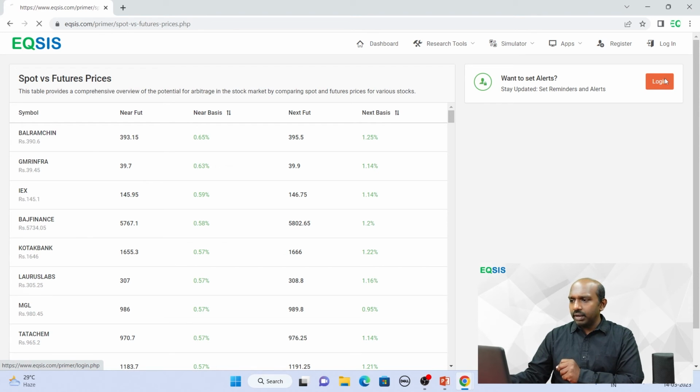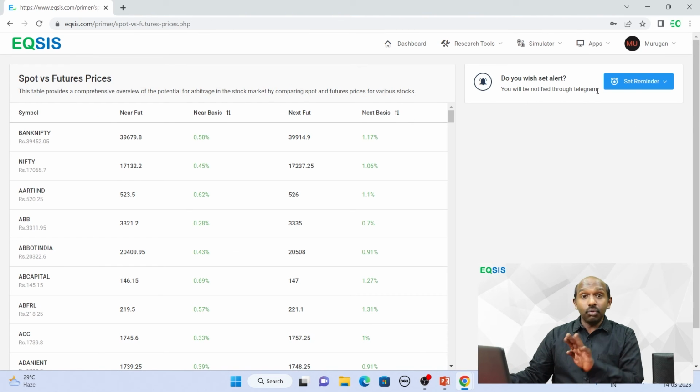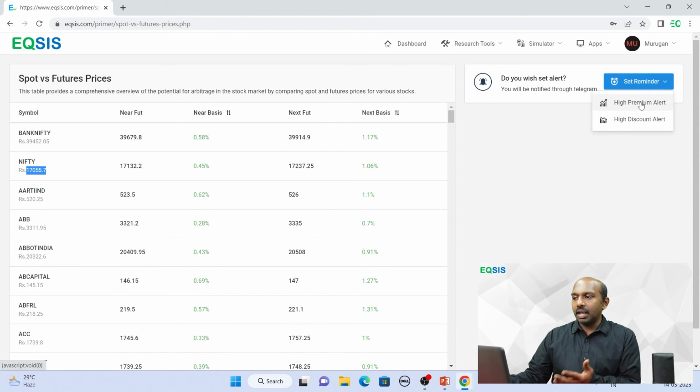Let me give you a quick demo. I'm just logging into my platform. You see there is a scope where I can set reminders. Am I right? And if I set a reminder, it is a high premium alert. High premium is when the future price is higher than the spot price, and if it is significantly higher, it is called a high premium alert.